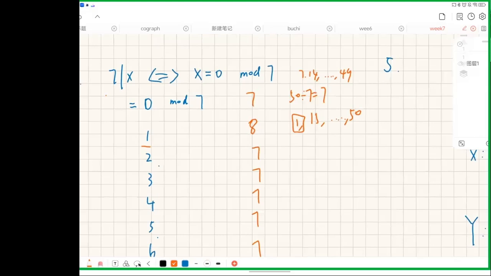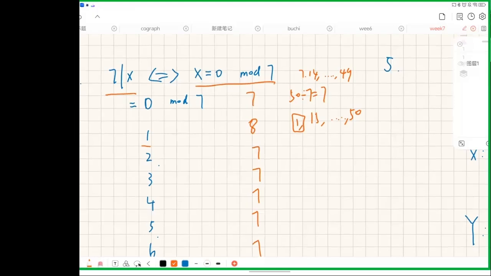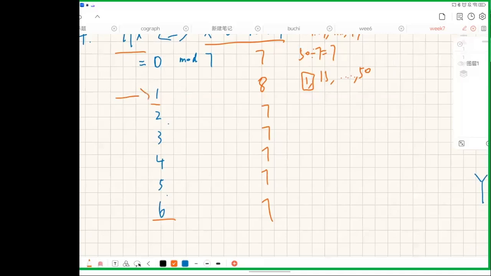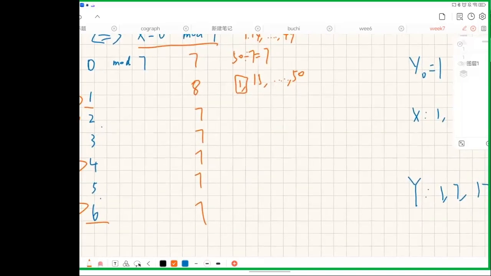Just like if we know that x can be divided by 7, the remainder is 0. So only one of these two sets can be included, similarly for 2 and 6, and 3 and 4. And we know that 1 has one more element, so 1 must be included, and 6 is not. And for the other two pairs, just randomly choose 2. No difference there.